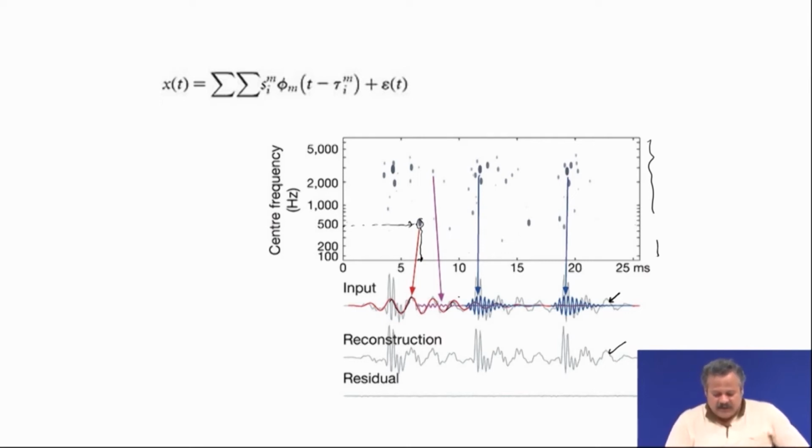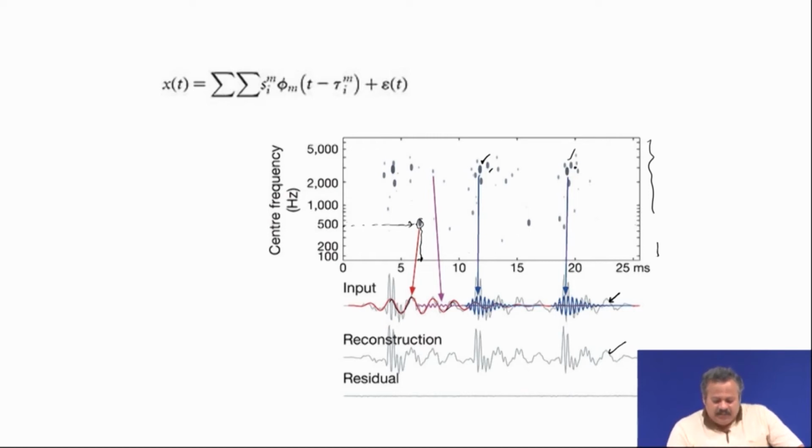Obviously it is not the overall signal that is being shown as reconstructed in the colored things. There are only 4 of these kernels at different frequencies and time points that have been shown. Here they have the 3000 hertz kernel present twice with different or almost similar amplitudes. Similarly, the next frequency is present here.